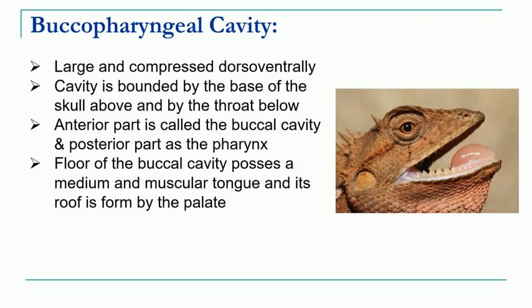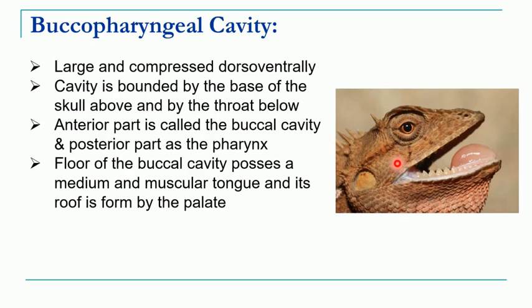Now we move to the second part of the alimentary canal, called the buccopharyngeal cavity, which is large and compressed dorsoventrally. This part inside the mouth is the buccopharyngeal cavity, and it is bounded by the base of the skull above, and at the lower part you have the start of the pharynx.